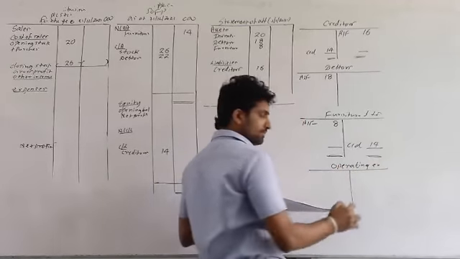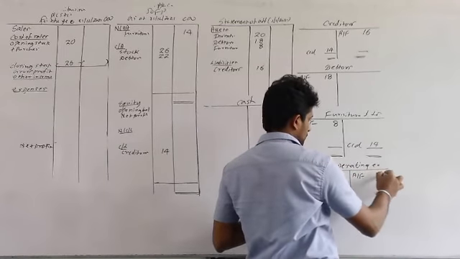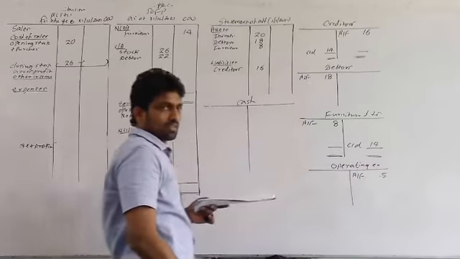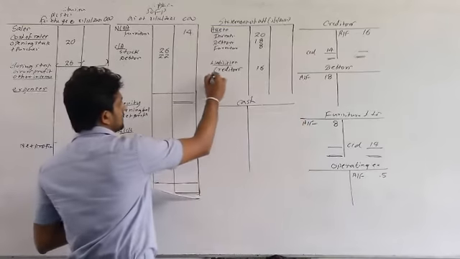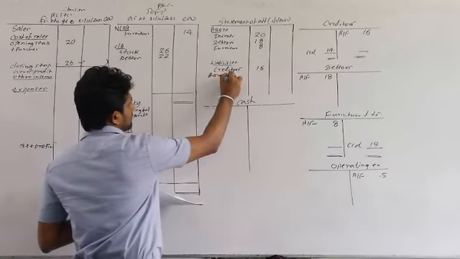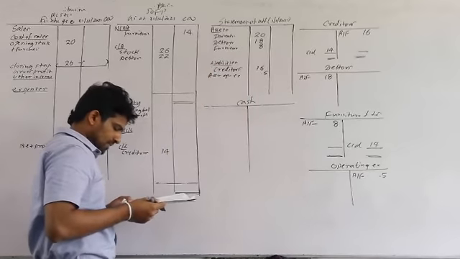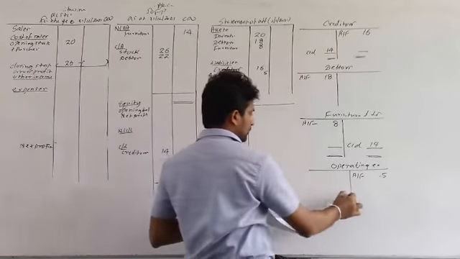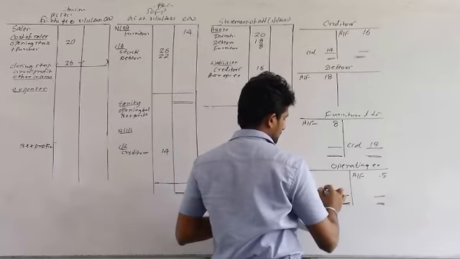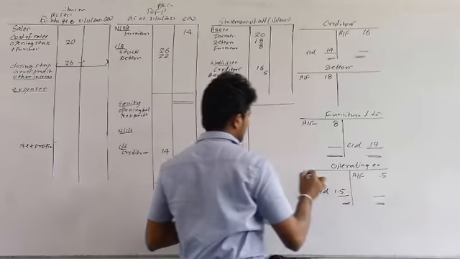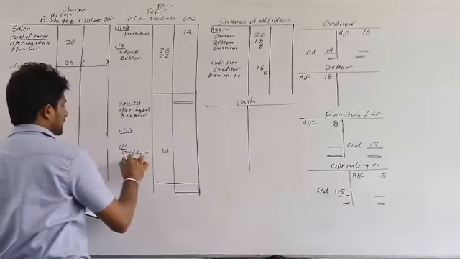Accrued is a liability, 0.5. Take here accrued operating expenses 0.5. Closing balance 1.5. Accrued operating expenses.